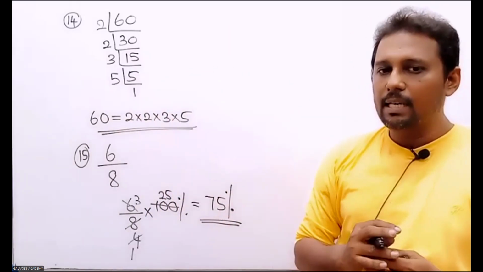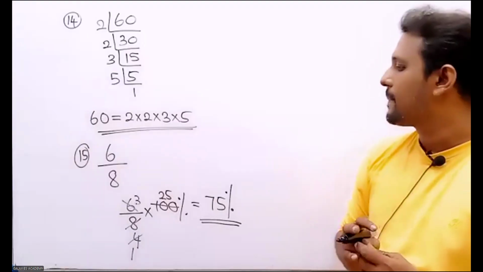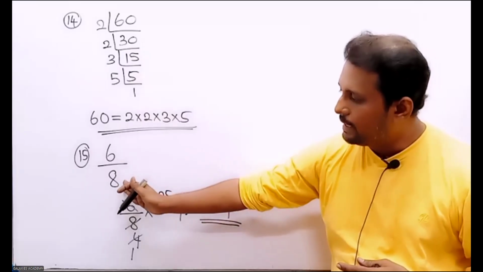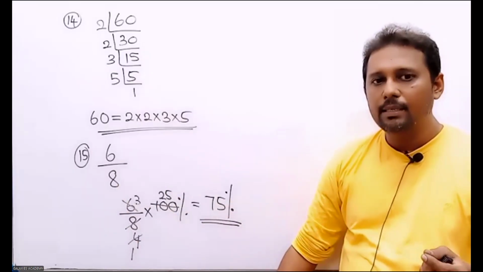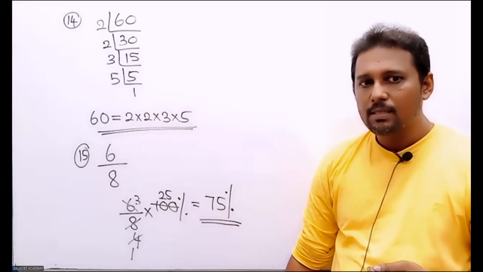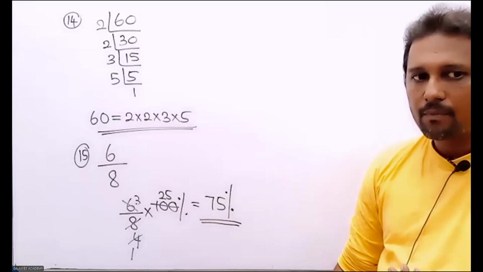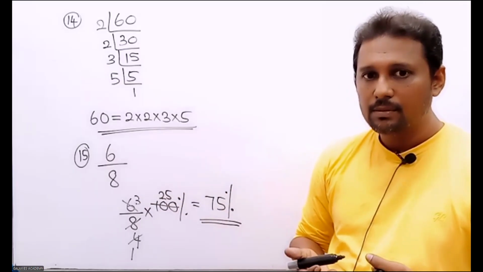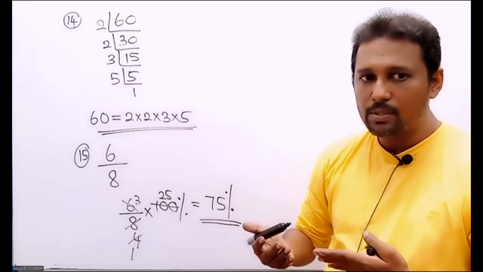Okay, it is one method to get the percentage. Also I will say another method; look at another method. 6/8, can you write it in the simplest form? Simplest form means an equivalent fraction. Can you write it by dividing these two values?